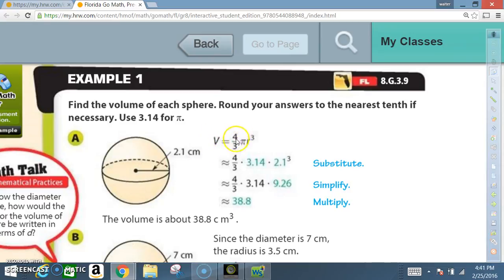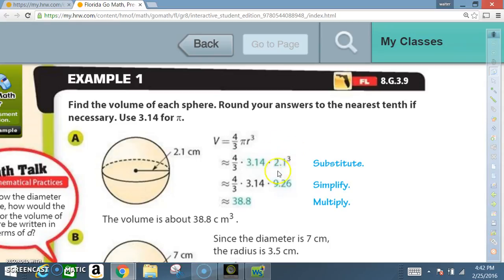Volume is equal to 4/3 pi times r to the third power, also known as r cubed. They told us that pi was equal to 3.14, and the radius was 2.1. So I have 4/3 times 3.14 times 2.1 to the third power.